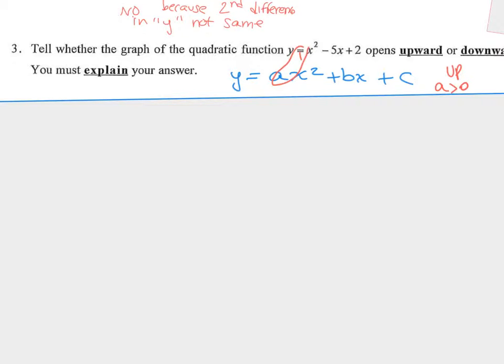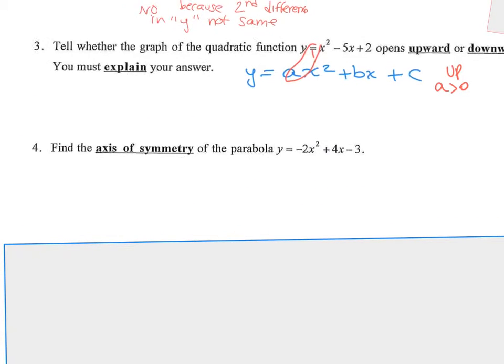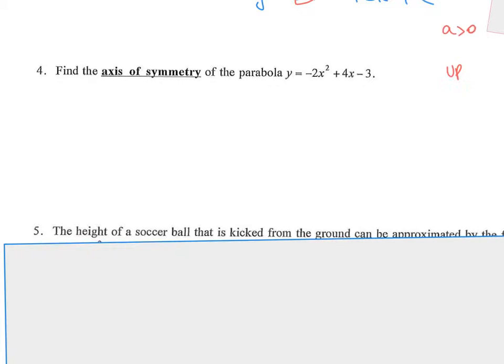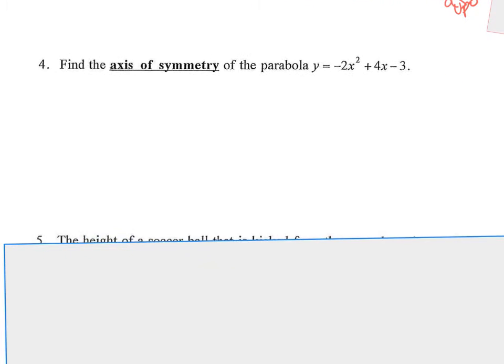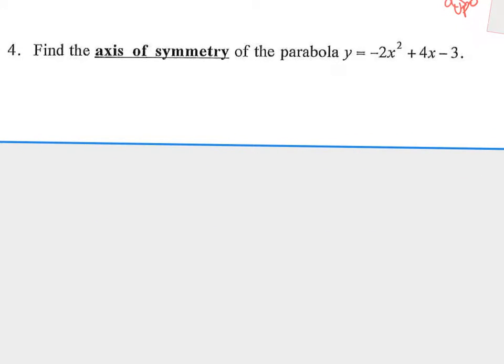The next question asks me to find the axis of symmetry. The axis of symmetry given a function as an equation has to use the formula what? X equals opposite b divided by 2. Nice. X equals opposite b over 2a.